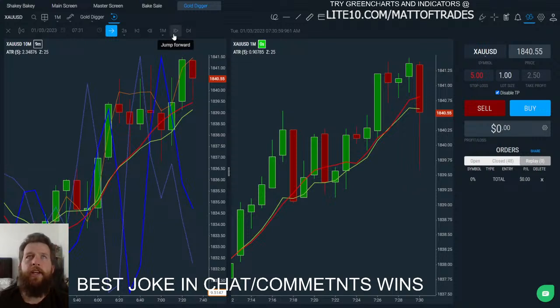So for starters, the trade plan. I have a 10-minute chart and a 1-minute chart here. This is gold, XAU USD. I have my TNT indicators, the orange and blue lines here. Basically, we take a trade whenever our orange line and our dotted blue line are facing opposite of each other, and the big blue line is pointing the same direction as the orange.